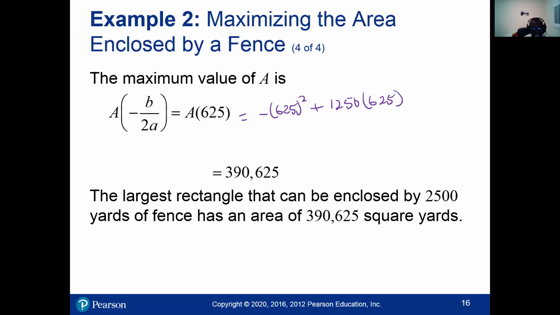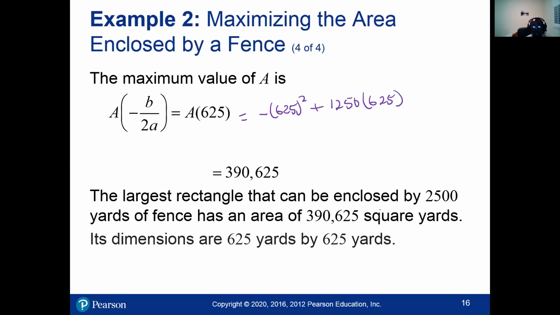The largest rectangle that can be enclosed by 2,500 yards of fence has an area of this. And the dimensions are 625 yards by 625 yards. Okay, so this is your X, and that is your W, or W and X, it doesn't matter because they have the same value.